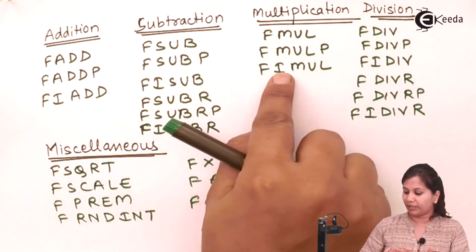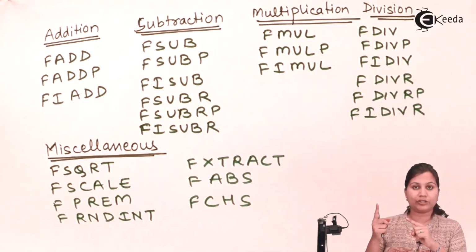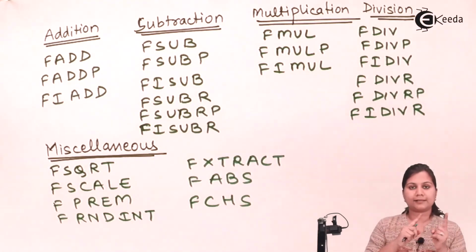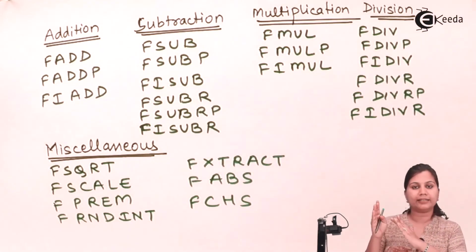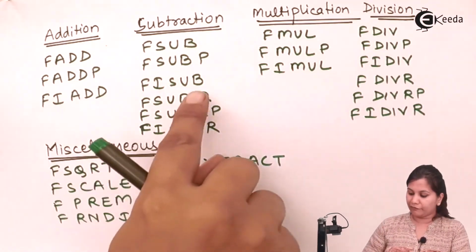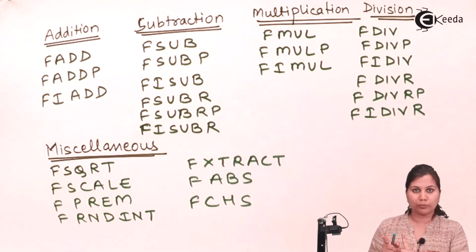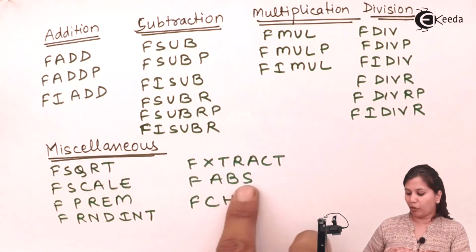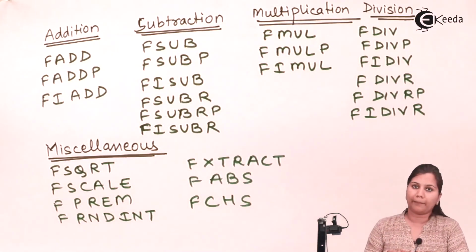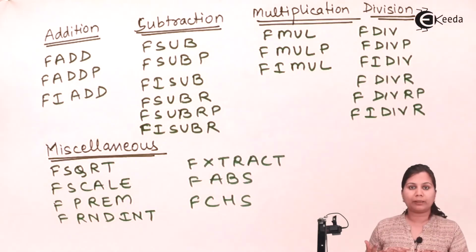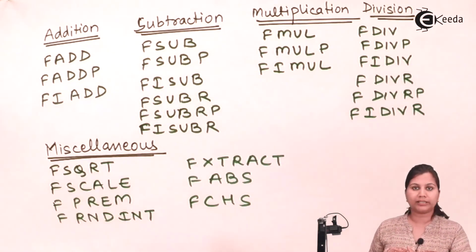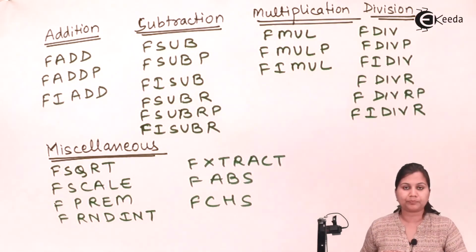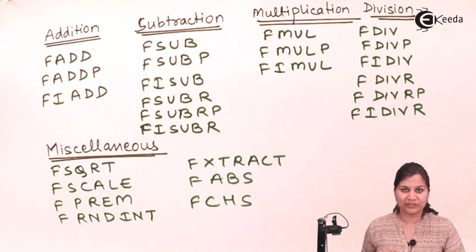In FI, whenever I is involved, it means that an integer number is there from the memory, and the operation is between the ST and the integer number from the memory. If R is there, it means a reverse operation is to be performed. Then for miscellaneous ones, we can remember them by their mnemonics, by what operation they perform. So it will be easy to remember all the arithmetic instructions of the 8087 math coprocessor. I hope that this topic is now clear to you. Thank you.